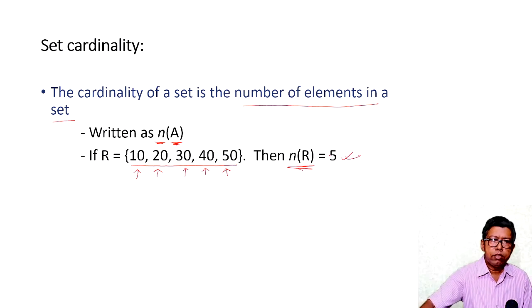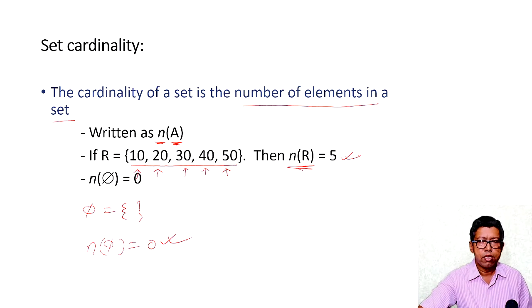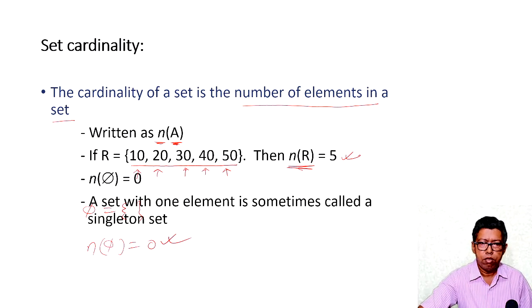Next, another example: n(phi) is equal to 0. The cardinal number of phi, you know, phi is actually the null set, and the cardinal number of this null set is obviously 0, because there is no element. No element means there are 0 elements. For this, the cardinal number of phi, that is the null set, is equal to 0.